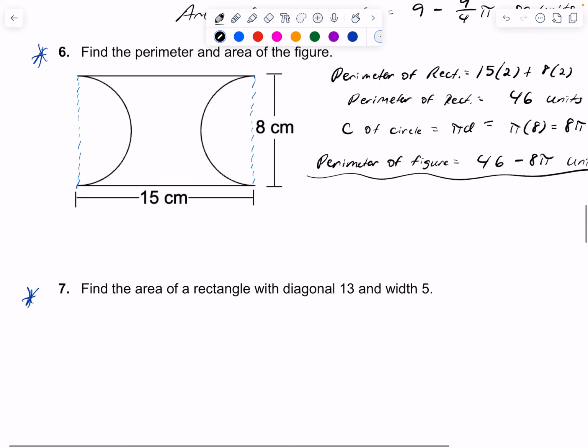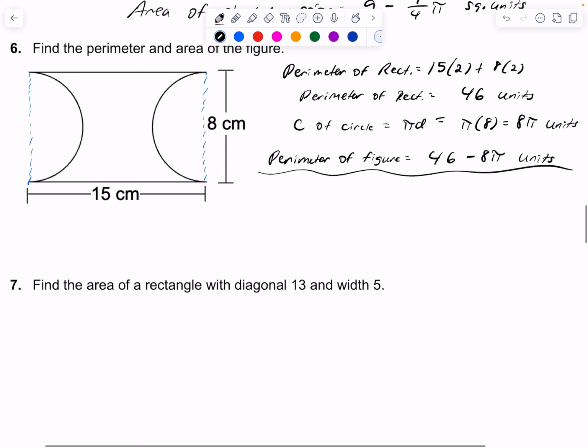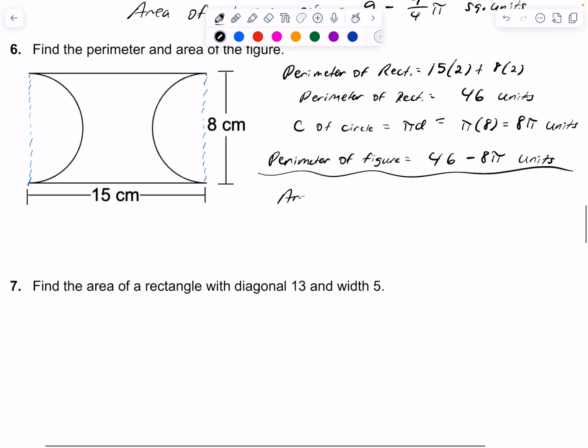Now for the area, kind of a similar idea here. I'm going to find the area of the rectangle, then subtract out the area of the circle. That will give me the area of the figure. So the area of the rectangle is 15 times 8, which is 120 square units.